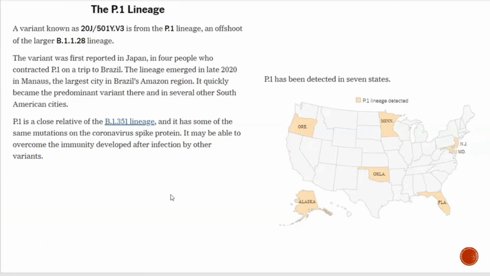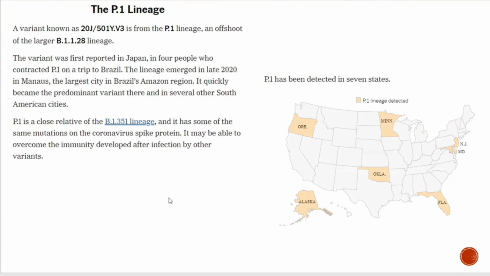All right, and then finally, the P.1 lineage, first identified in Brazil, right? So it was first reported in Japan, but it was in somebody from Brazil. It emerged in late 2020 in Manaus and became the predominant variant in that area and other South American cities.